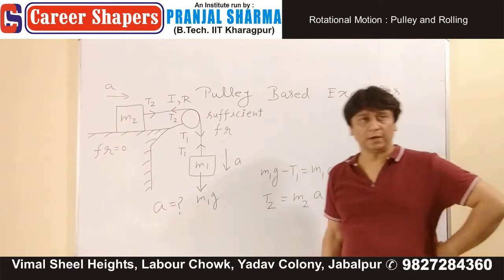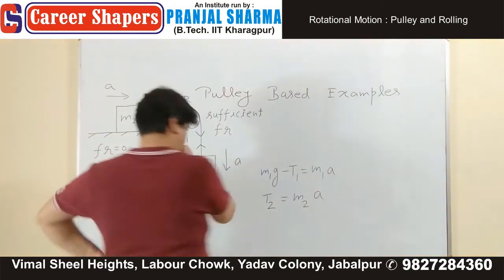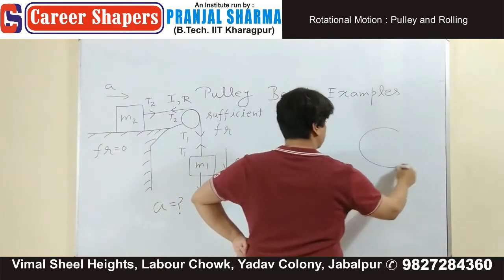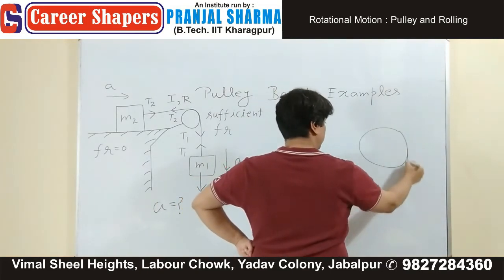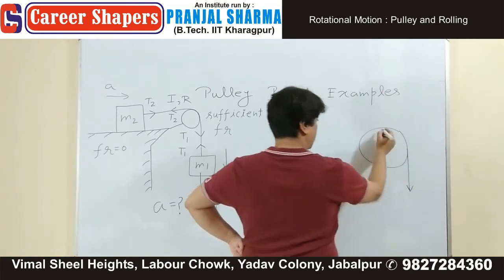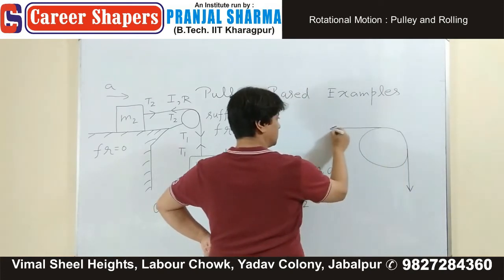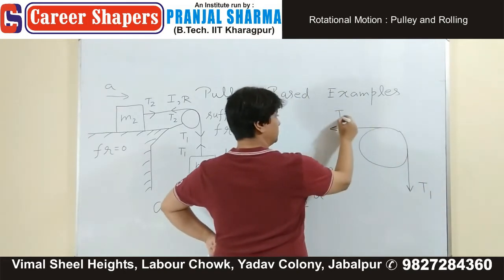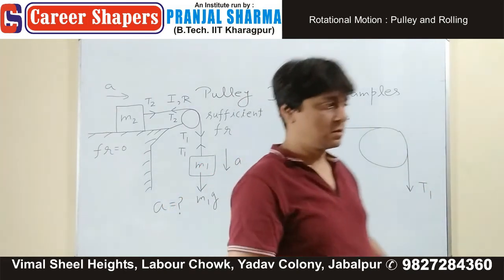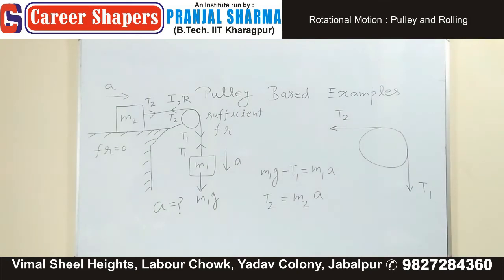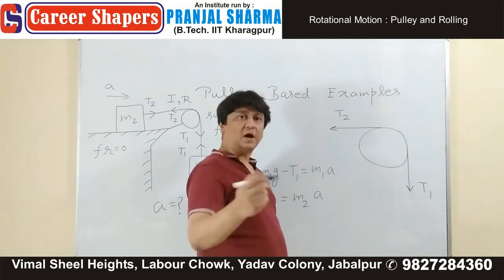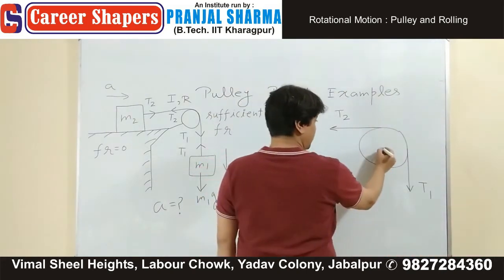What about the pulley? This time round, that's how forces are acting. This and this, that's your T1 and this is T2. What are the distances of T1 from the axis?